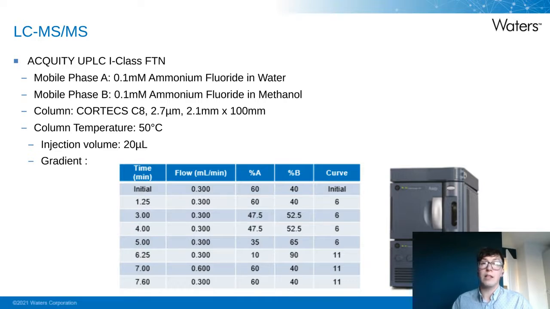So using the Acquity UPLC I-Class FTN, separation was performed with mobile phases of ammonium fluoride in water and methanol, and a Cortecs C8 column, which is 100 millimeters in length. Steps in the gradient solution were applied to tease apart the isomeric steroid species.